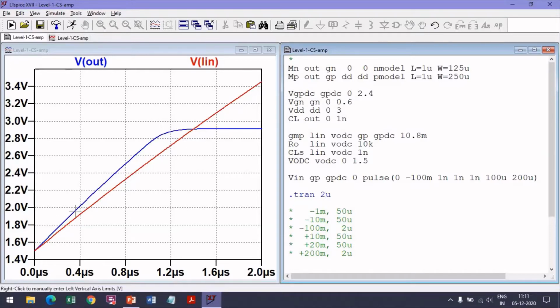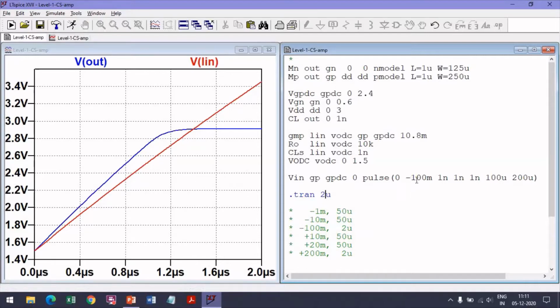During the transient, the PMOS conducts more current, therefore the rate at which the output rises is more than what is predicted by the linear model, because the linear model assumes the same current that was flowing for an input of 2.4 volts. Now with -100 milli, the input voltage is 2.3 volts, and that is why the output rises faster with the input step.